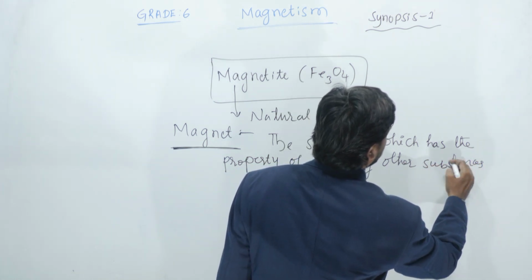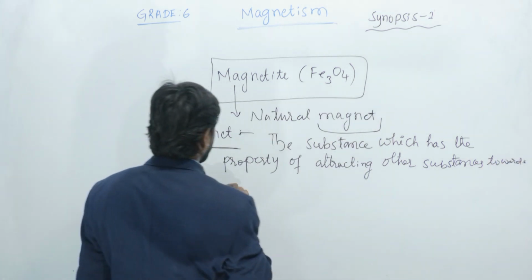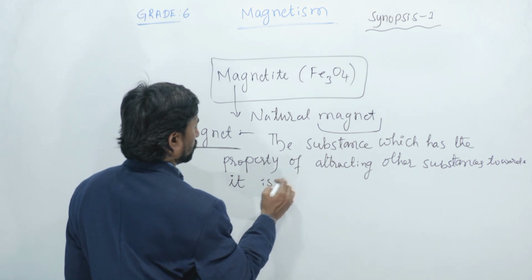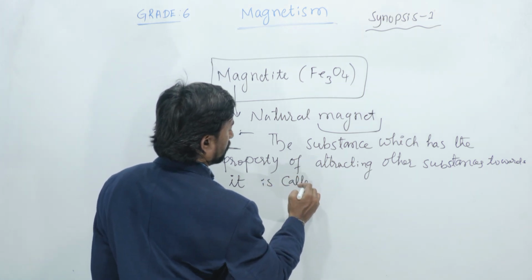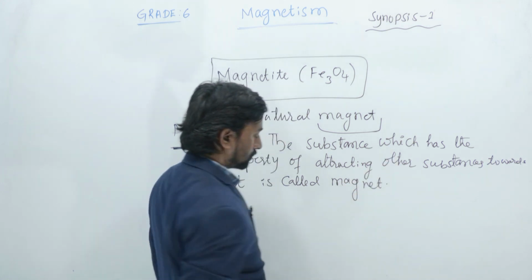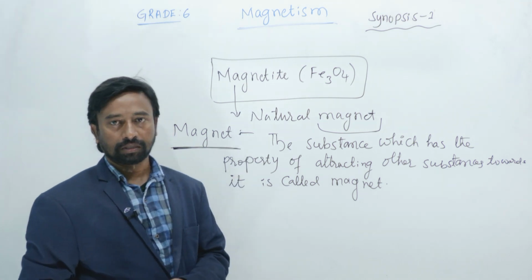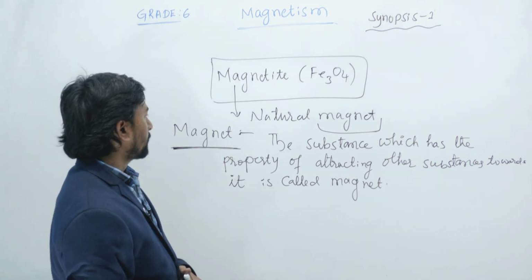The substance which attracts other substances towards it is called a magnet.